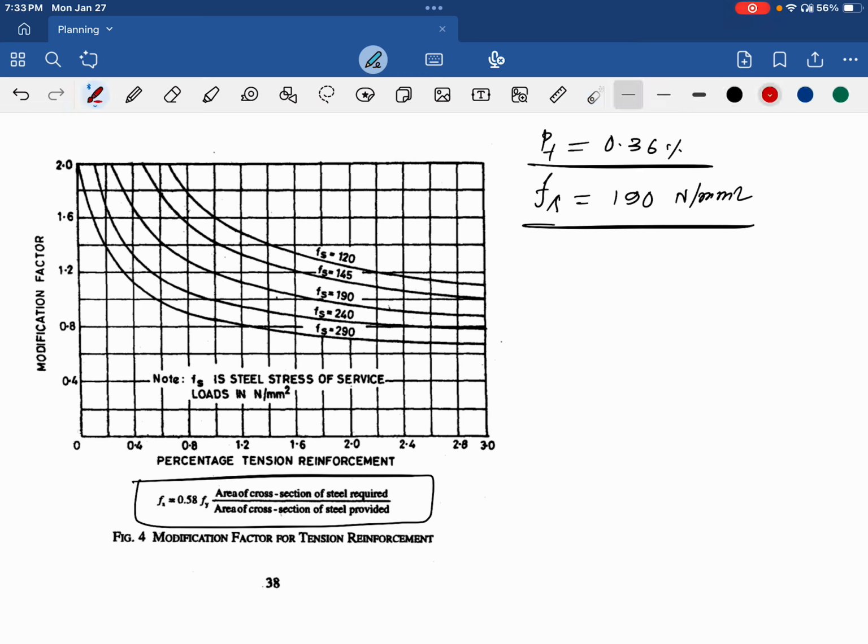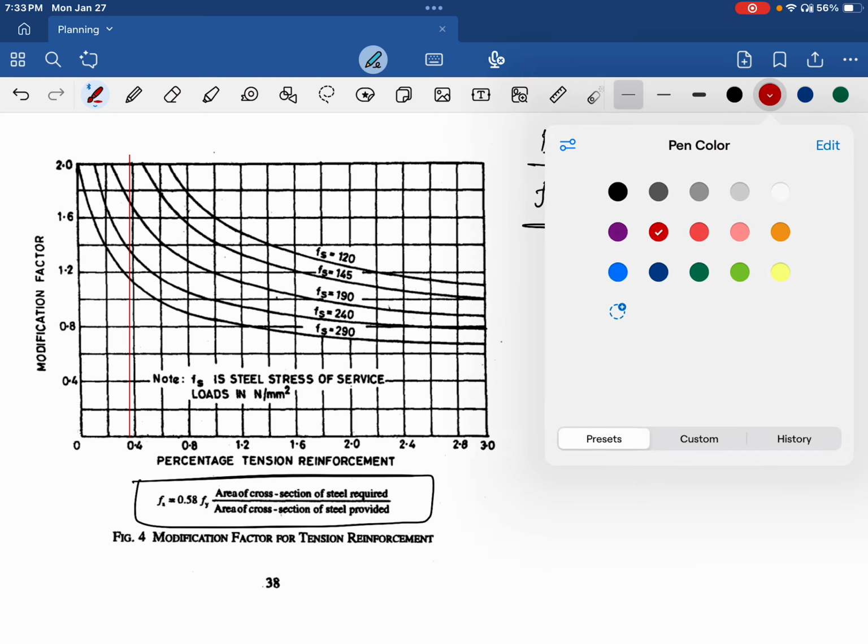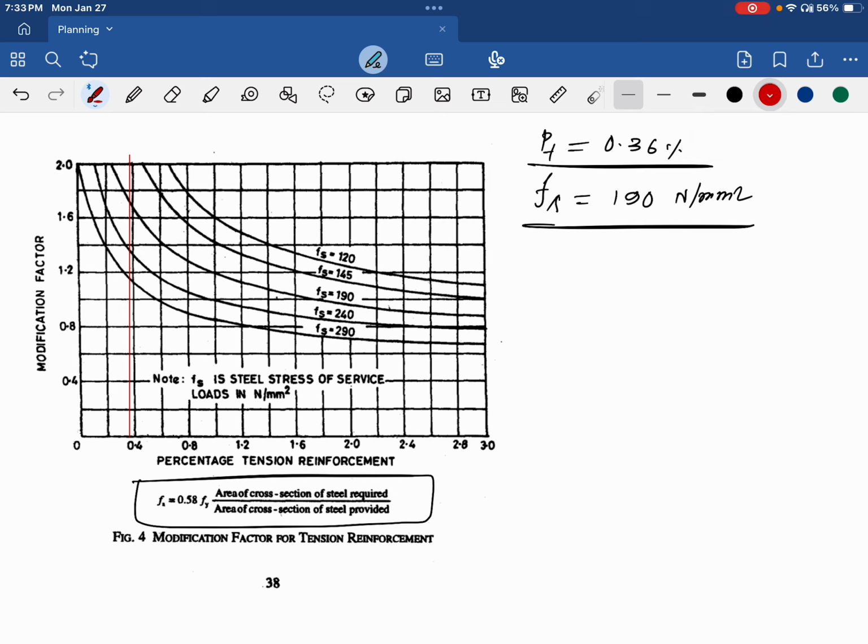Let's draw a line. So this is what it looks like, and let me highlight our line.